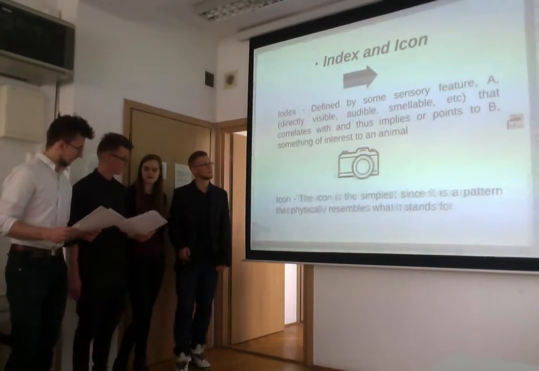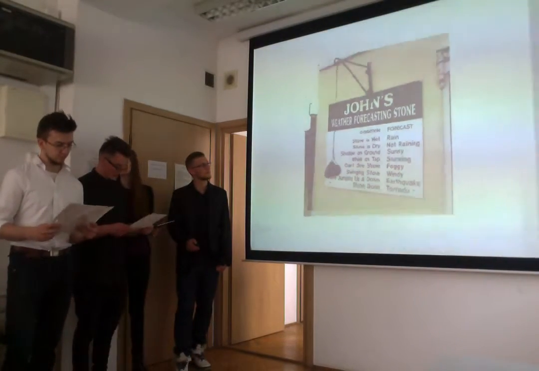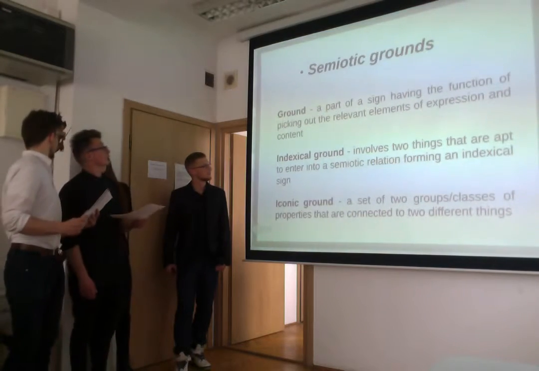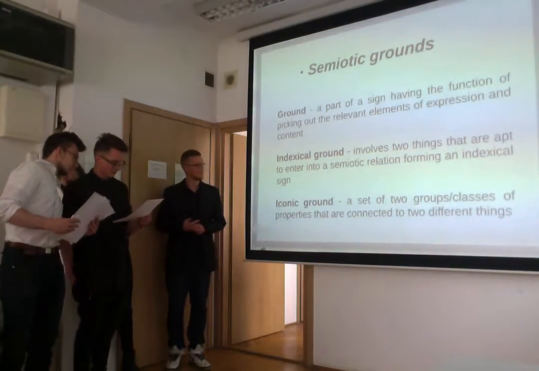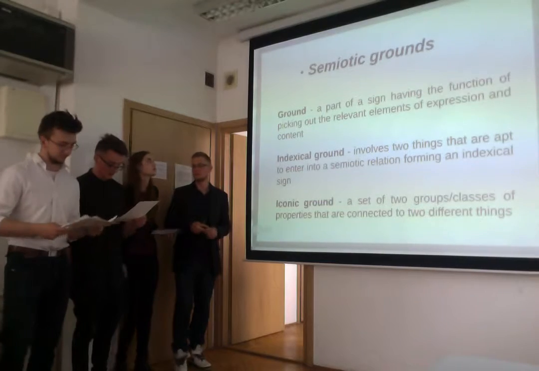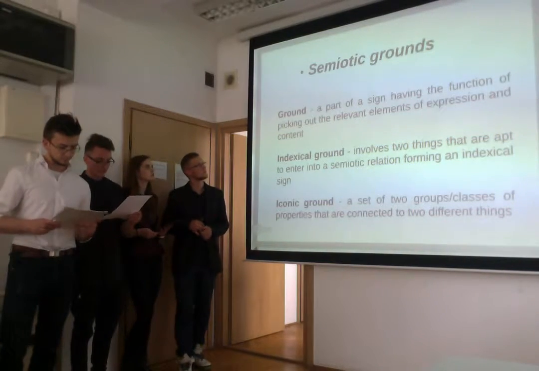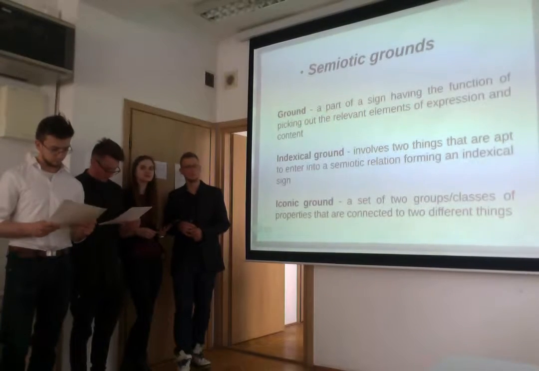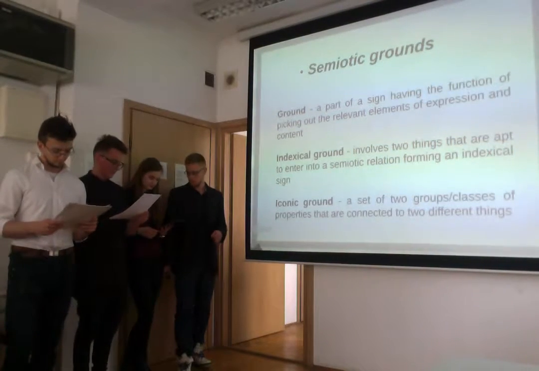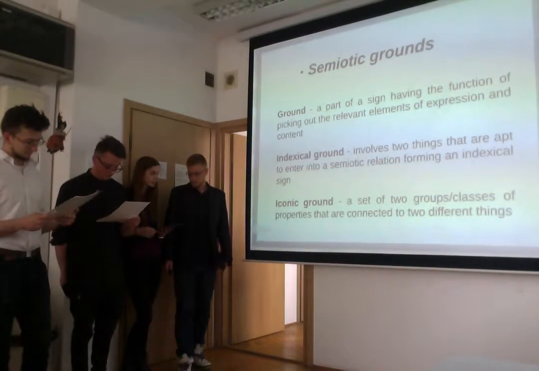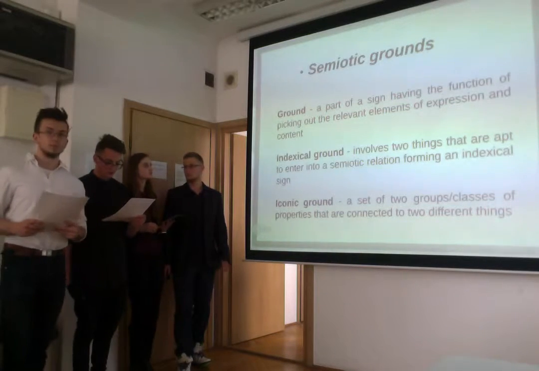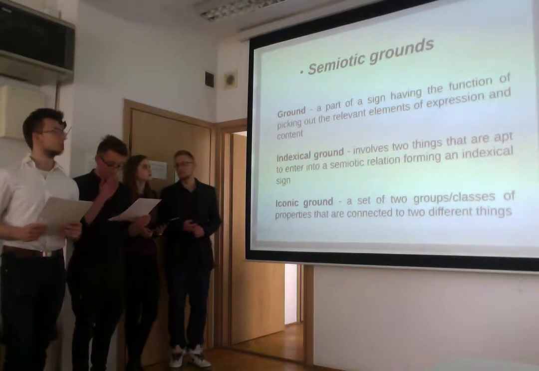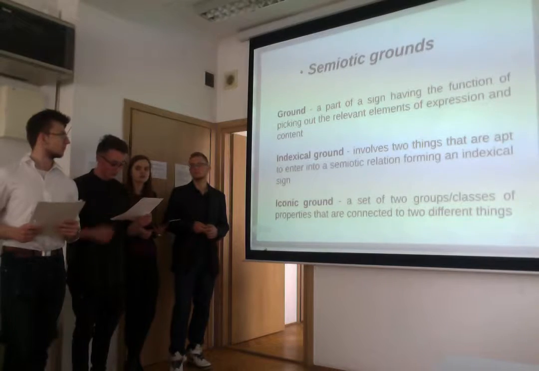Okay, we can move on. So we have semiotic grounds. Not much to say. It's a part of a sign having the function of picking out the relevant elements of expression and content. And what is the indexical ground? The indexical ground is a relation that is not yet a sign until it enters a semiotic relation.